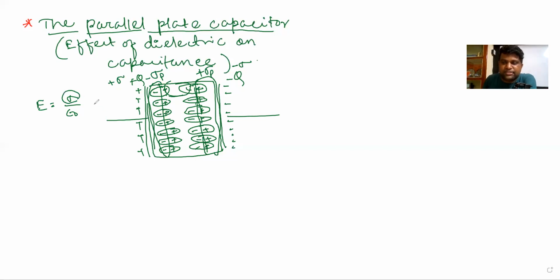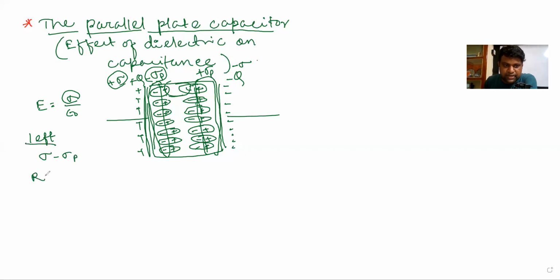The charge density will be modified because the net charge density here, due to the parallel plate capacitor, is plus sigma, and due to the induced charge, due to the polar molecules, this is creating a minus sigma p. So at the left side, the net charge density is sigma minus sigma p.